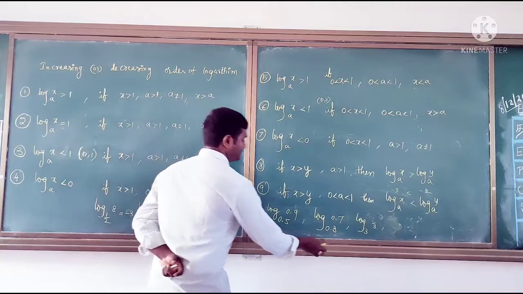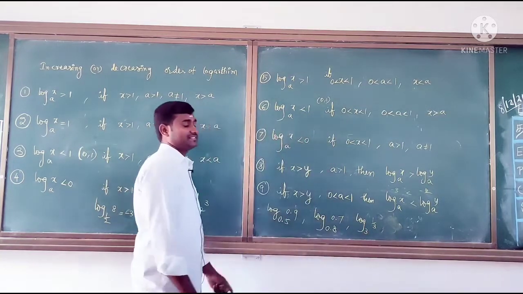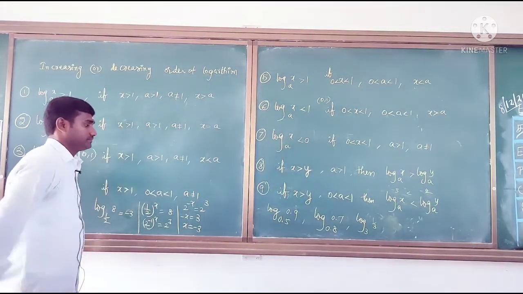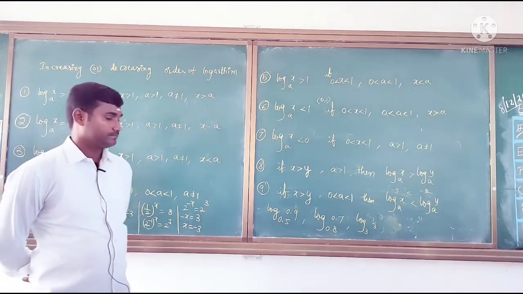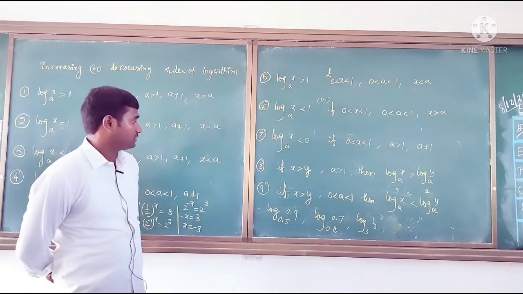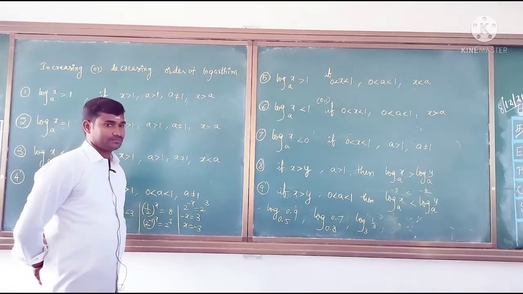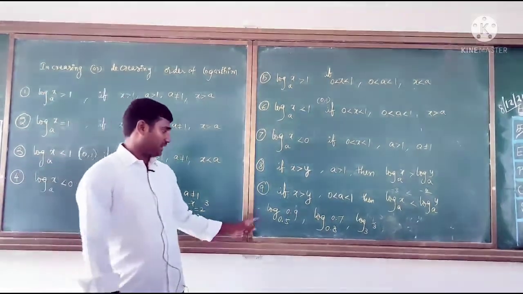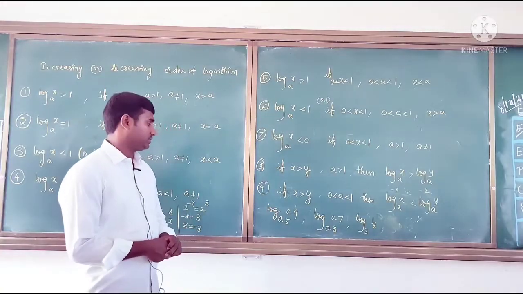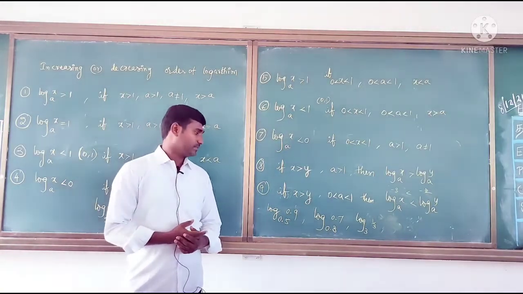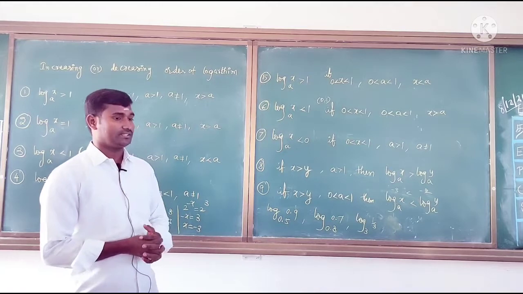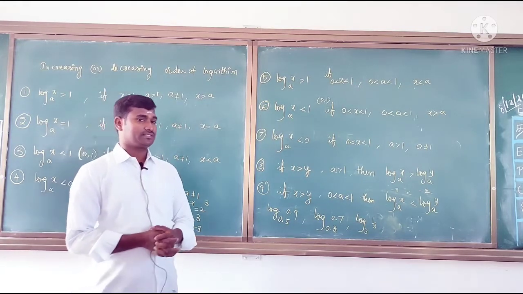Arrange the given following numbers in the ascending order. By using these first three conditions, you can simplify. Log 0.9 to the base 0.5, log 0.7 to the base 0.8, log 1 by 3 to the base 3.